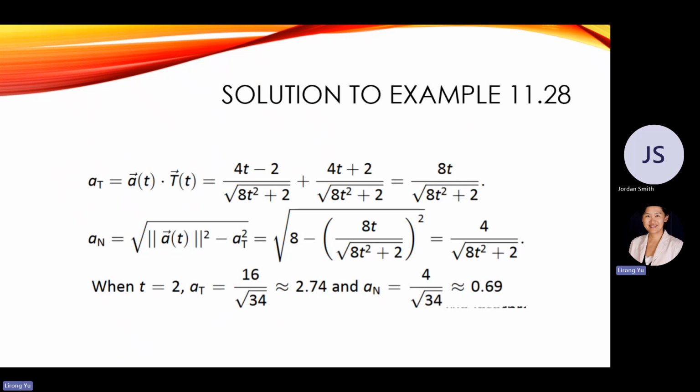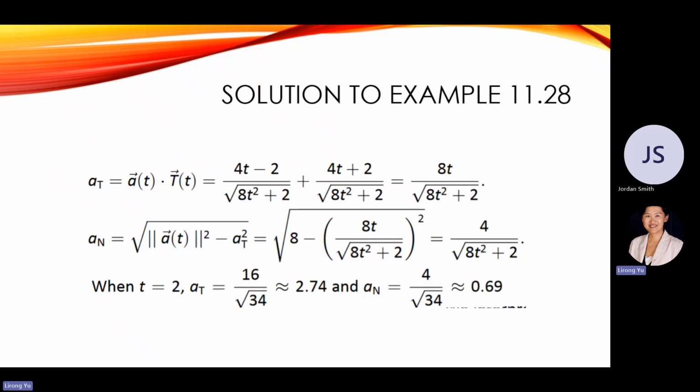So when T is negative, it will have a negative impact on the speed. Acceleration changes the speed. So at first, T equal to -2, -1, the speed gets smaller because acceleration is making it smaller. And then after T equals 0, when T becomes positive, we have a positive AT. That's when the speed gets faster and faster. So we can tell from that.